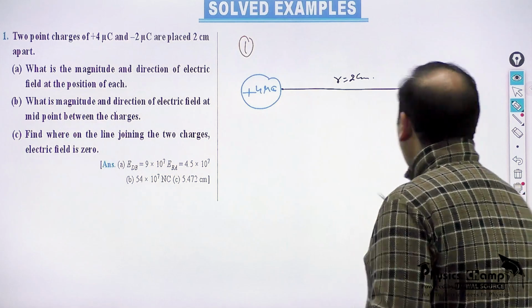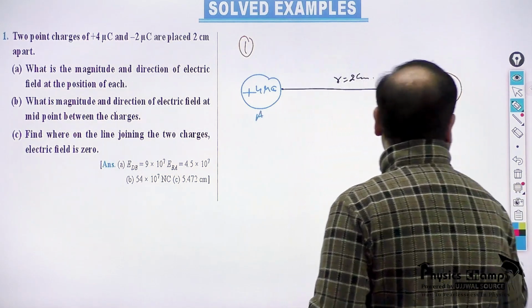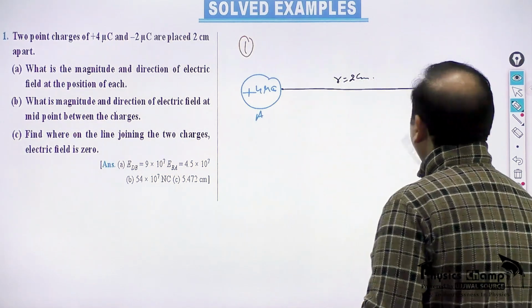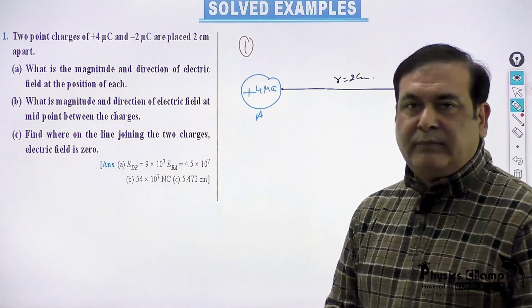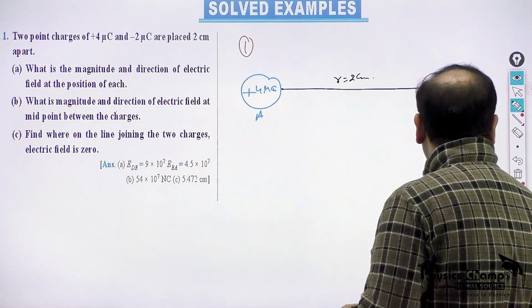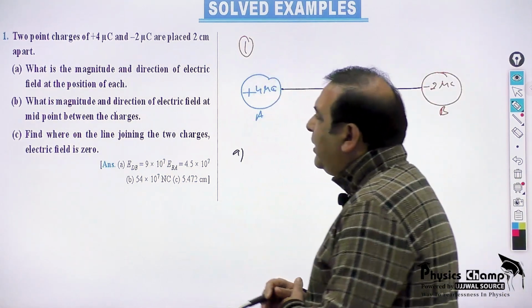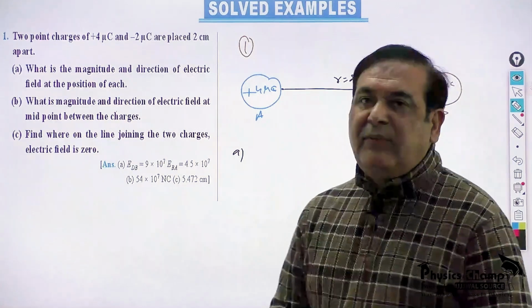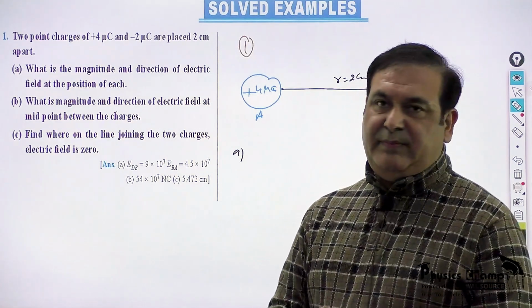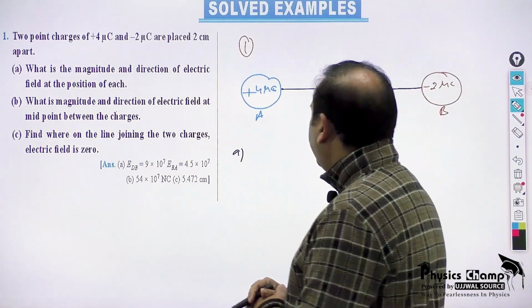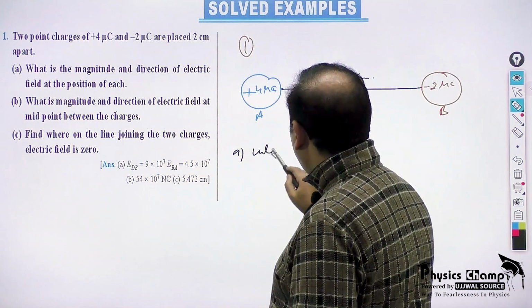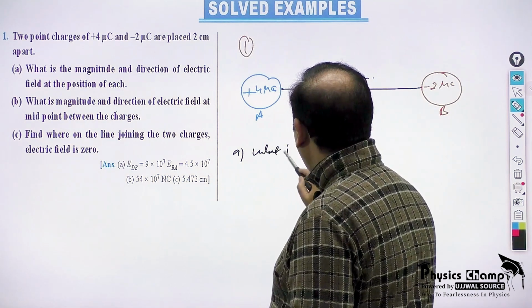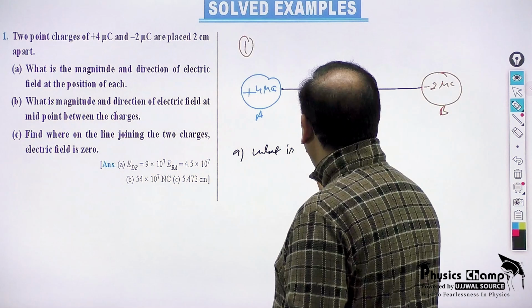So this is A and this is B. First part: what is the magnitude and direction of electric field at the position of each? So in the first part, what we want is the electric field at A.